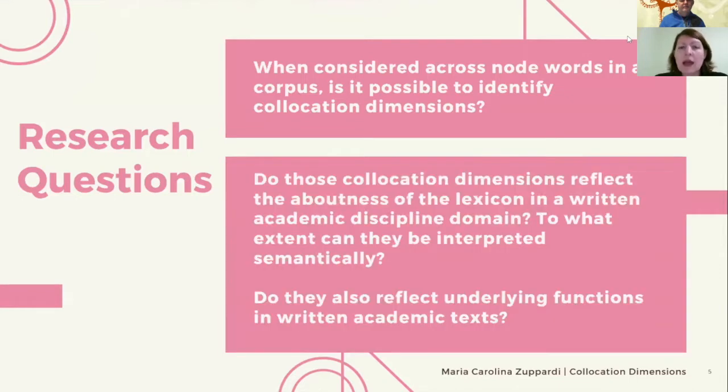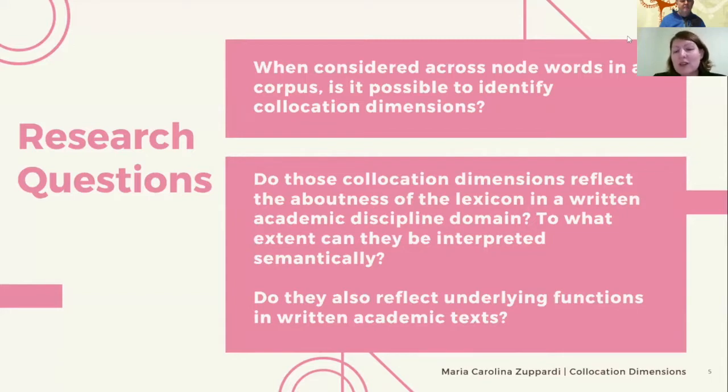And if that is true, do these collocation dimensions reflect aboutness of lexicon? Can I say that it gives rise to meaning in text? And to what extent can those be interpreted semantically?